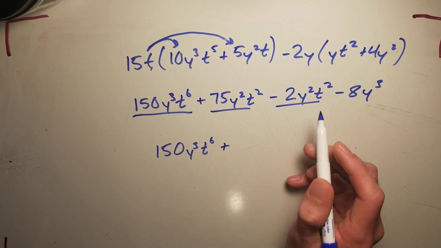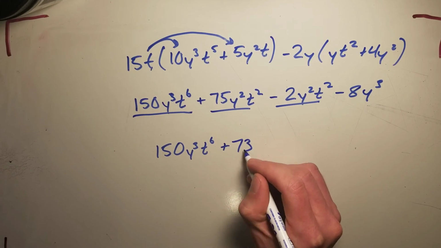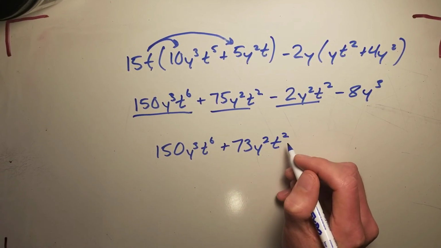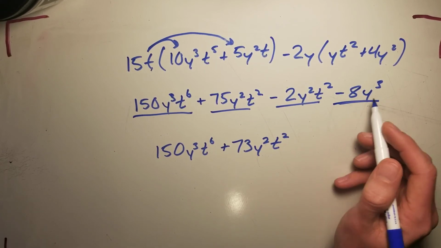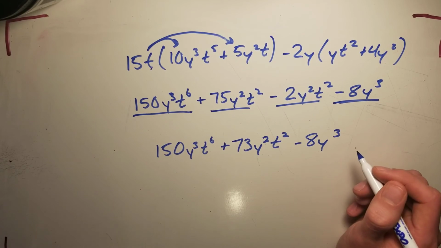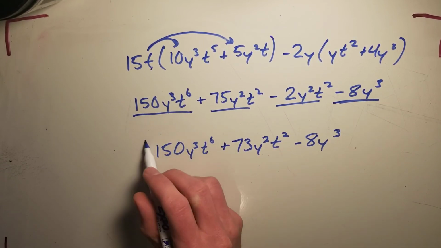These are like terms right here. So we're going to end up with 75 minus 2 is 73 y squared t squared. And then lastly, we have this, no like terms, minus 8y cubed. And there we go, we're in standard form, highest degree first, and then in decreasing order.